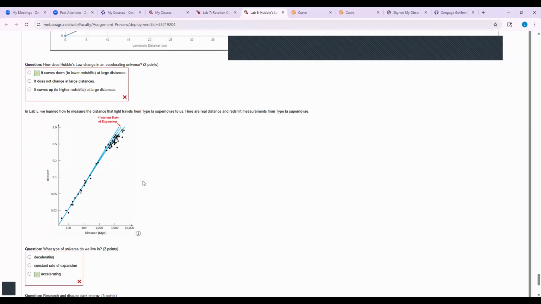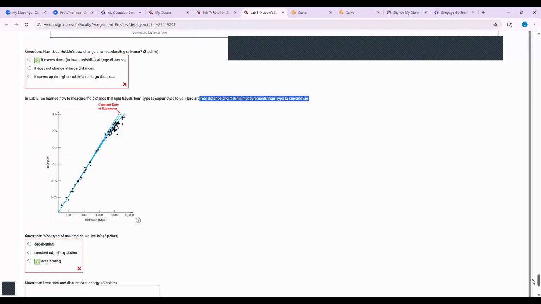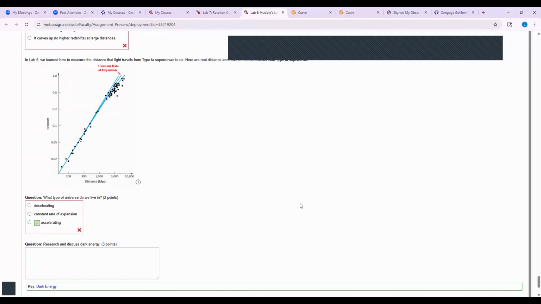And as you see here, most of the dots are calculated based on actual real measurements of the universe, based on supernova type A. You don't see much on the left side of the curve, and that shows us that the universe is accelerating. Any question?